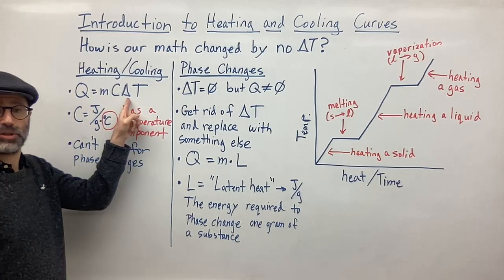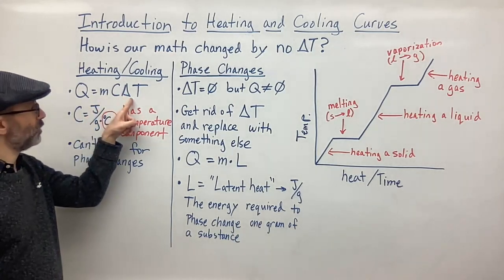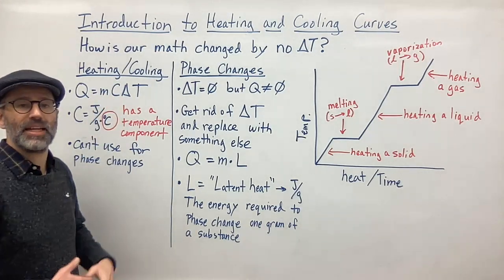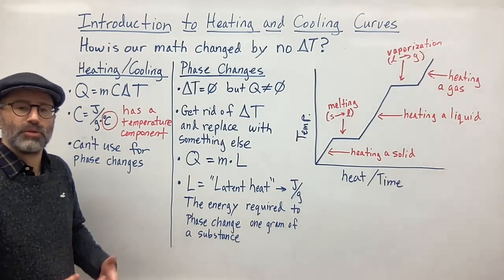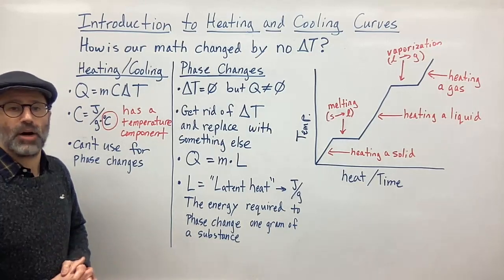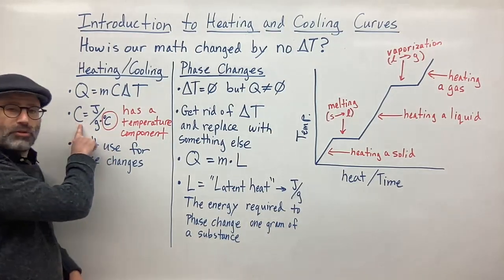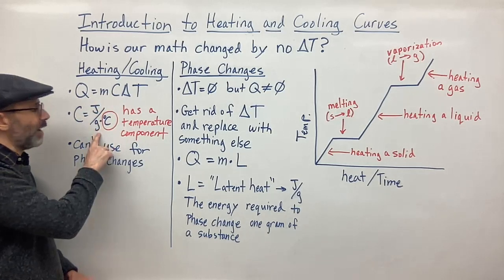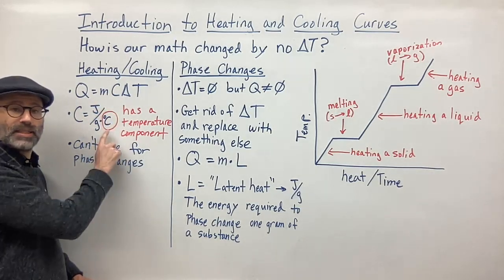Why? Because there's a temperature change, and the reason we can use that is because of the units of the specific heat. As I've said in my previous videos, units are important. If you know the units, you can understand why the math is used to get the answers you want. In this case, specific heat has units of energy in joules divided by grams divided by degrees Celsius.